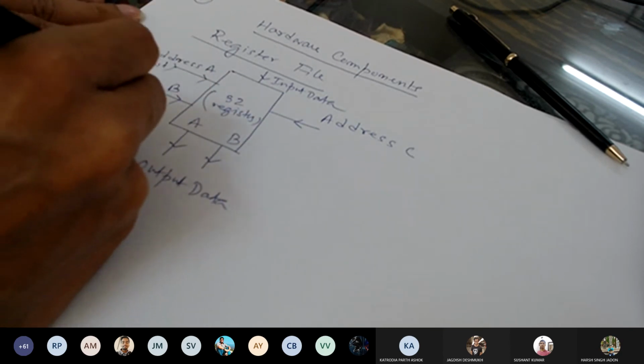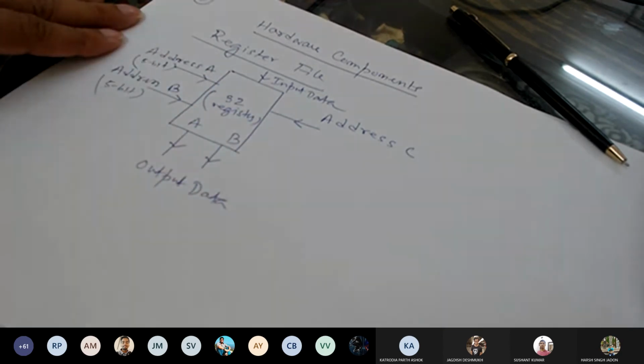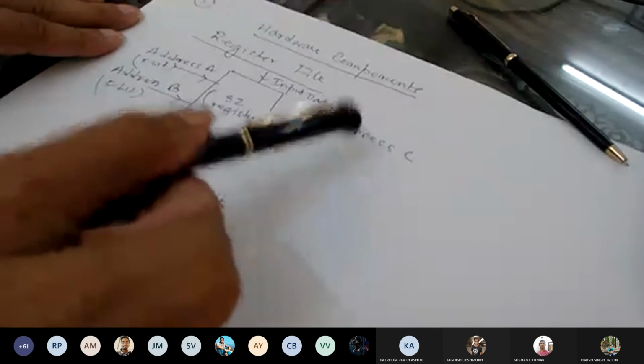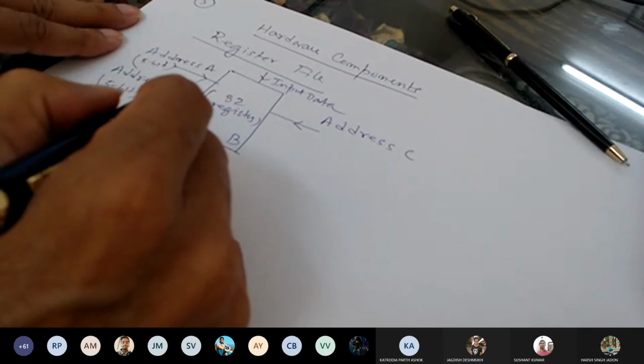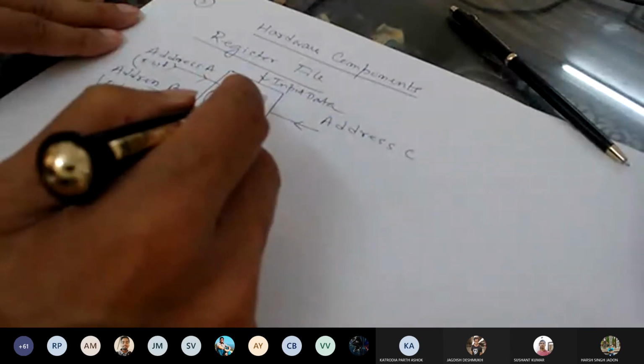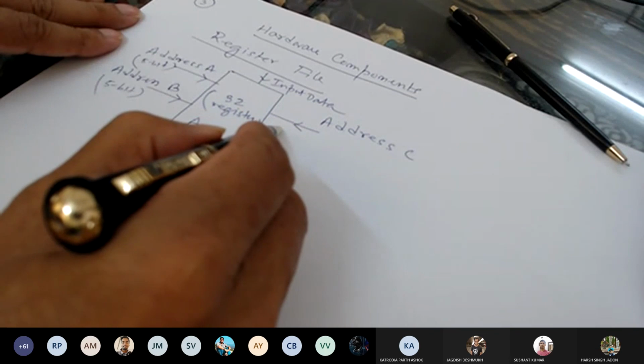This is 5 bit. Why do we require this one, address C? Can someone tell me? This is for the input port. Register means not only reading always, you also write into the register. So this is the input address.